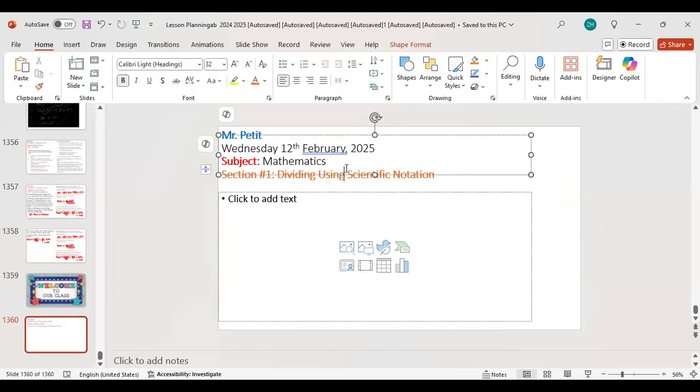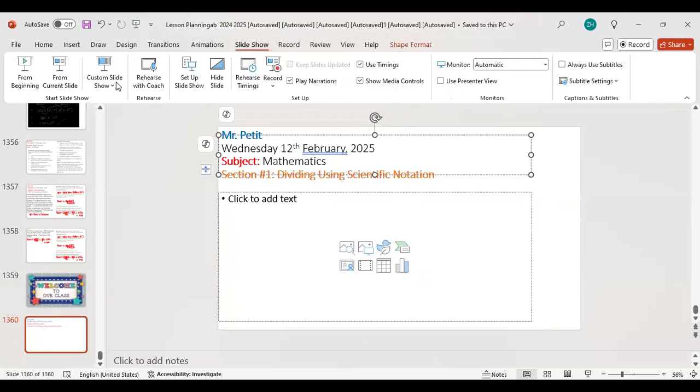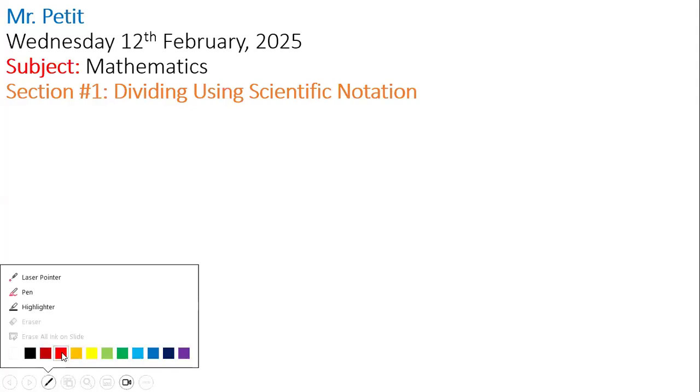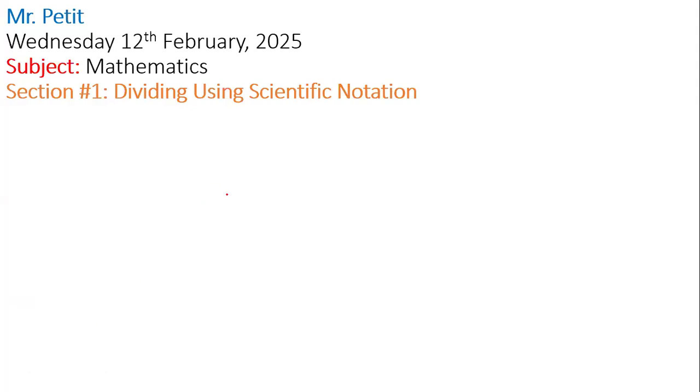All right, first of all, let's start off with the formula for scientific notation. What's the formula for scientific notation? Do you all remember? Anyone can answer, don't be afraid.